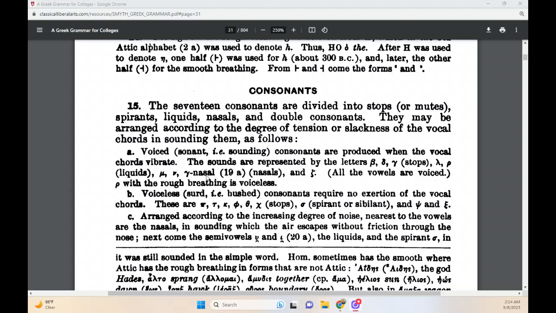Gamma nasal is simple to understand. In English, we use this sound. Think of a word like driving. The ing ending produces this sound where we combine the n and g.